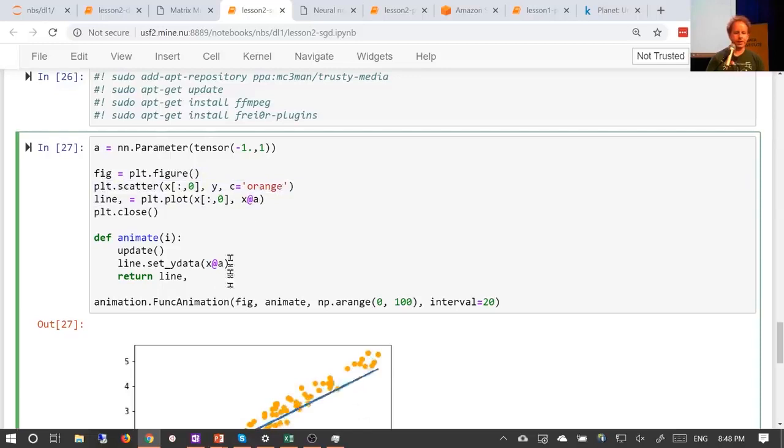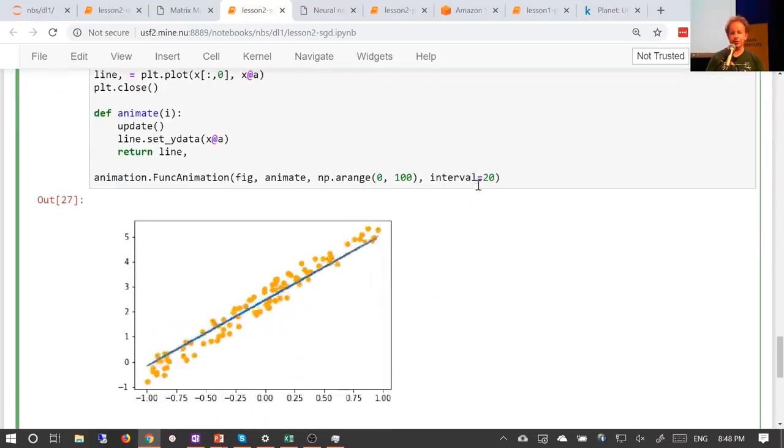But then rather than having a loop, we used Matplotlib's func animation to call 100 times this function. And this function just called that update that we created earlier, and then updated the y data in our line. And so it did that 100 times, waiting 20 milliseconds after each one, and there it is, right?